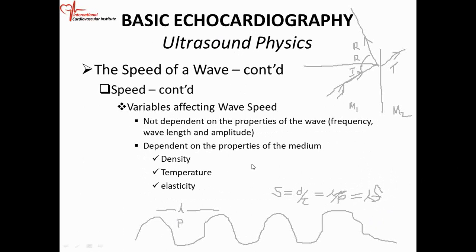But what I'm telling you is that the speed of a wave in a media depends on the density, which is the bulkiness of the media, the inertia of the media. So these are all saying the same thing, the bulkiness, the inertia. It also depends on the springiness of the media, the elasticity. The more elastic a media, the greater the speed. The greater the density, the slower the speed of the wave.